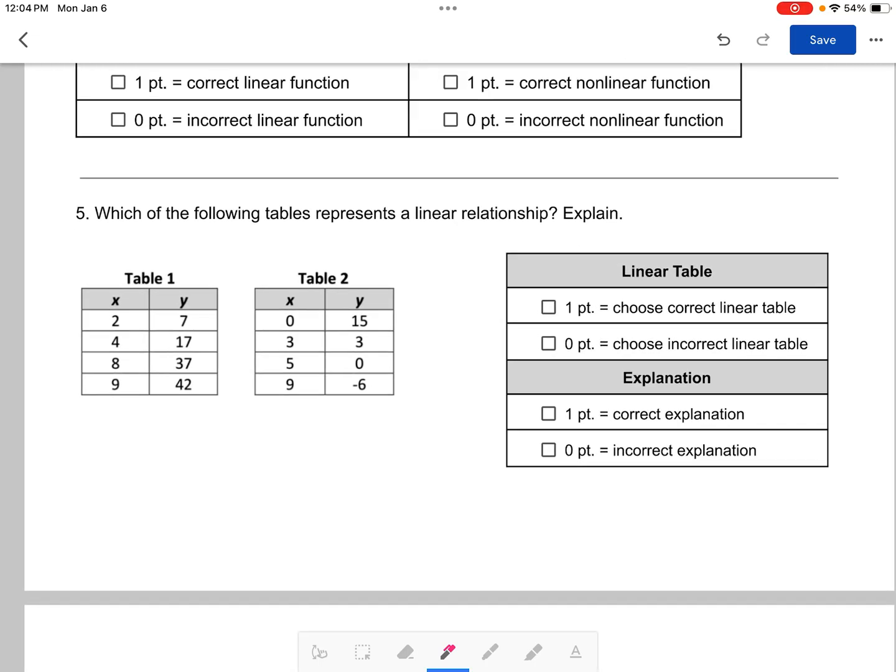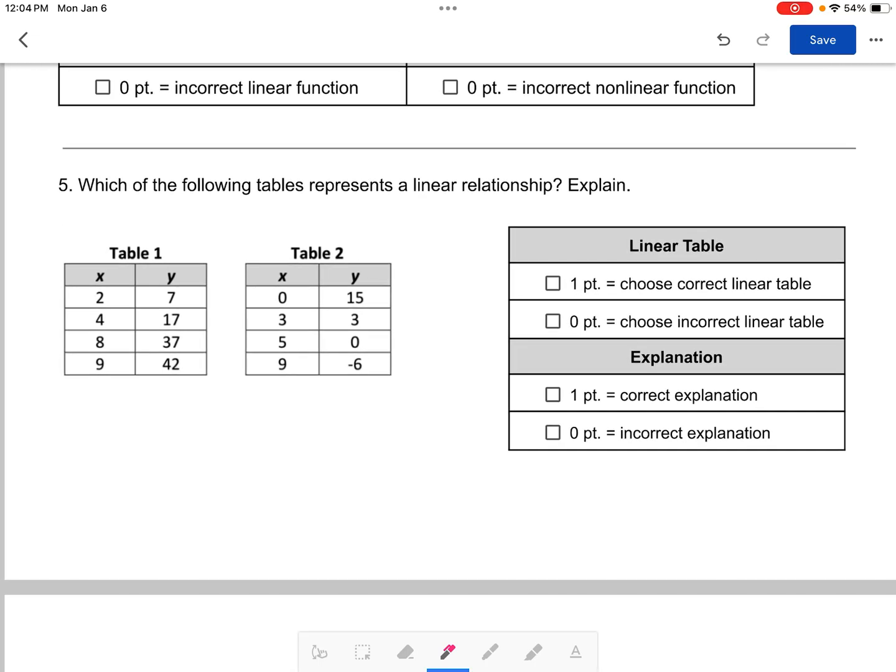Looking at number 5, which of the following tables represents a linear function? Explain. Okay, so looking at table 1, I'm going from 2 to 4, so I'm adding 2. On my output side, my y side, I'm going from 7 to 17, I'm adding 10. And then I skip from 4 to 8.